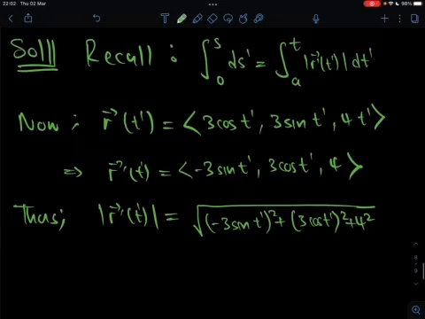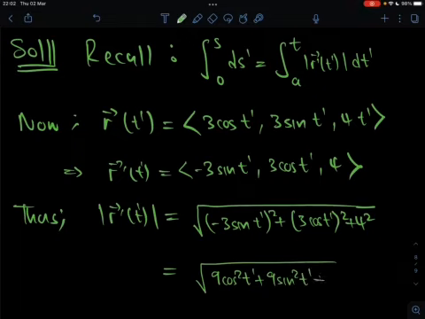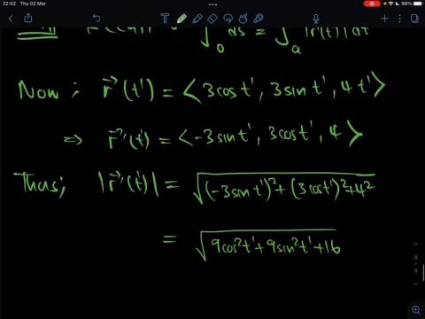So if we square that, we get 9 cos squared t prime plus 9 sin squared t prime plus 16. But we know that 9 cos squared plus 9 sin squared is just 9. So we have 9 plus 16, which is 25, and root 25 is 5. So the absolute value of r prime of t prime is equal to 5.